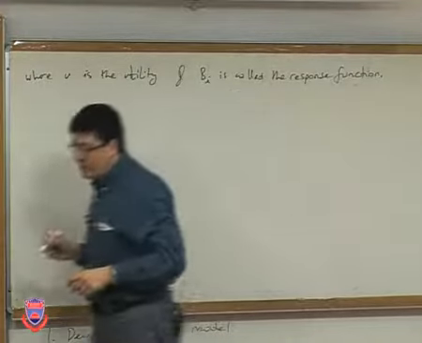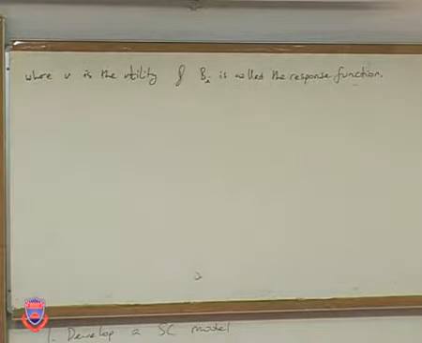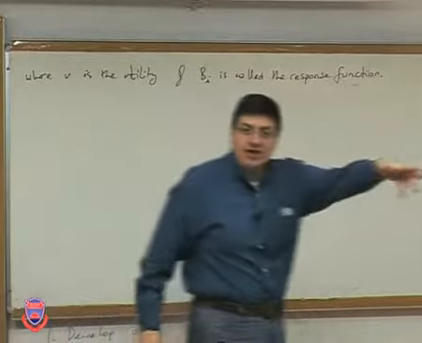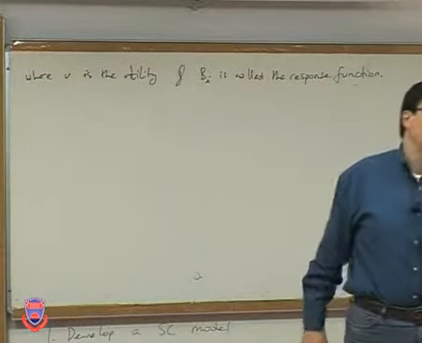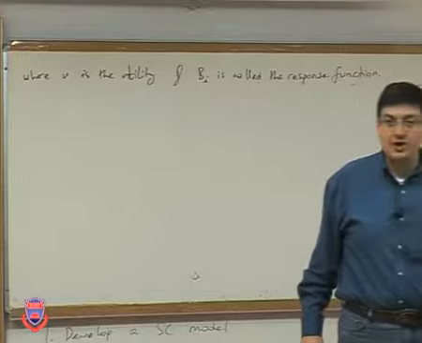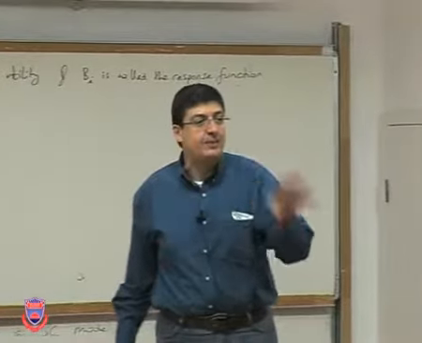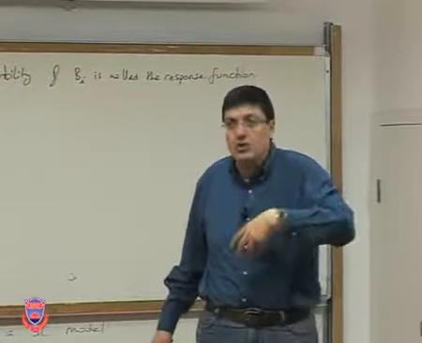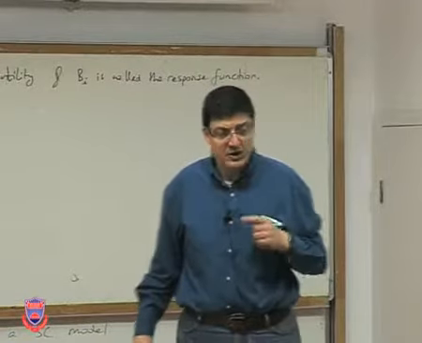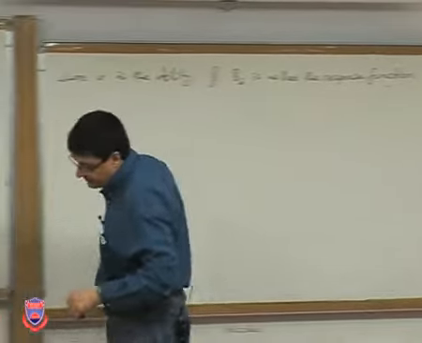Now, why do we call b sub i the response function? It is obvious, because if you change your bids, then I will have another response. So for each set of bids that you have, for each condition, I'm going to have a response. So it's called the response function.